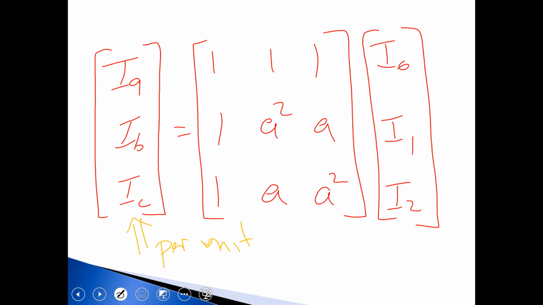Now, the second part of the question asks for the phase voltages at the fault point. So we have just found the per unit current. What we now want are the phase voltages. So let's do that. For each network, students, this would be your positive sequence.